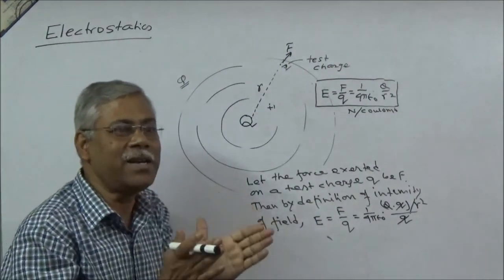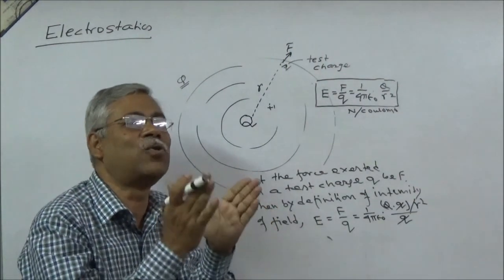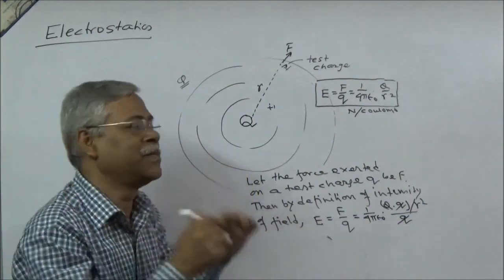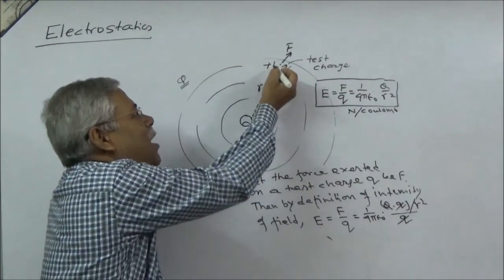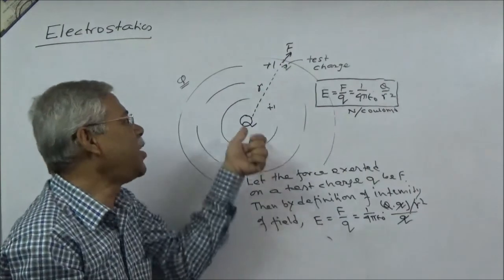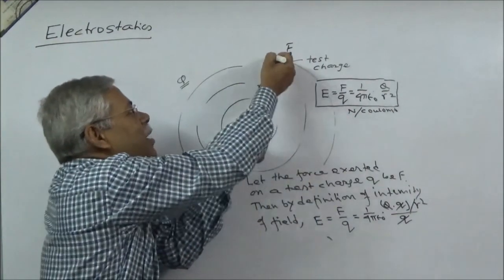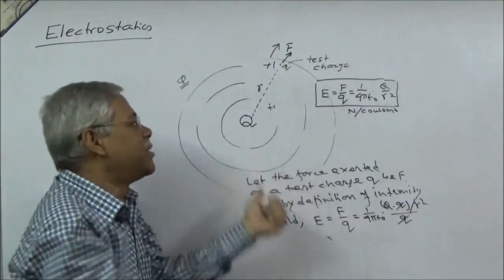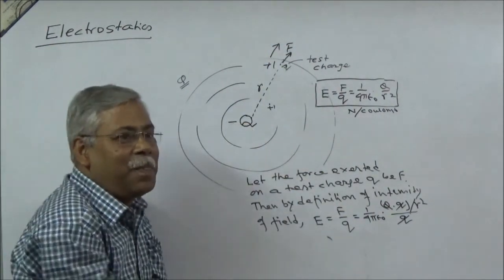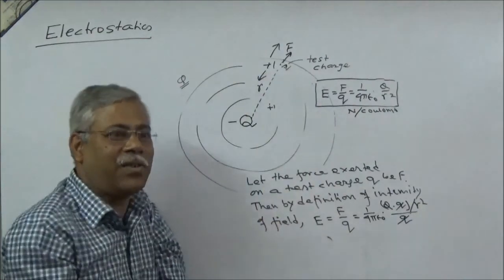Because by intensity we understand force on plus 1 charge. You have placed a plus 1 charge here. Suppose the central charge is positive, then it will be repelled. Suppose the central charge is negative, then it will be attracted.